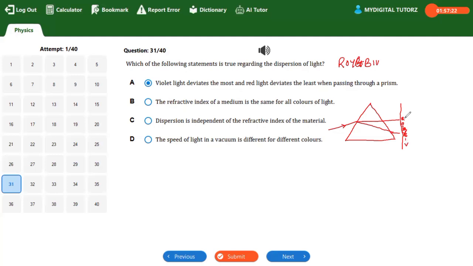As you can see, the least deviated is red, while the most deviated is violet. So violet deviates most and red deviates least, which is the correct option. I hope this is understood. So that is about question 31.